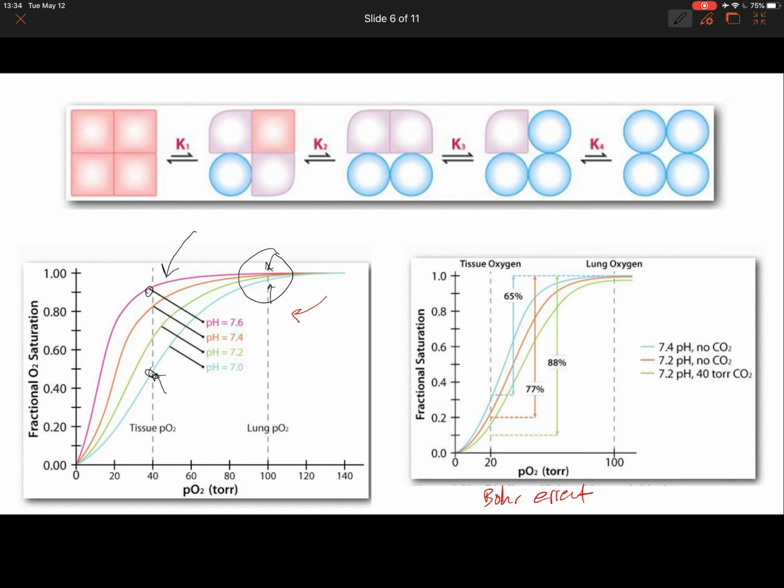And so here, I think in this other graph, we see the CO2 effects. And so what do we have here? So no CO2, and then increasing the CO2. And so the green line compared to the orange line, an increase in CO2 drops the saturation again. So there are these other effectors.